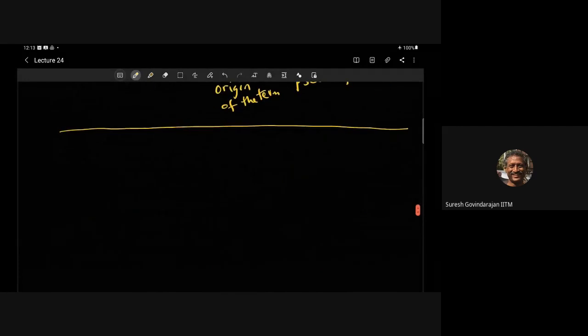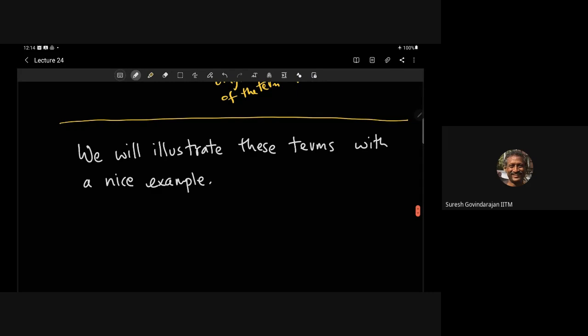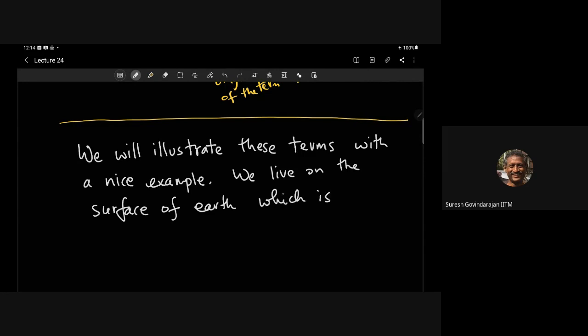I will illustrate with a nice example. Those of us who live on Earth, we live on the surface of Earth, which is a non-inertial frame.